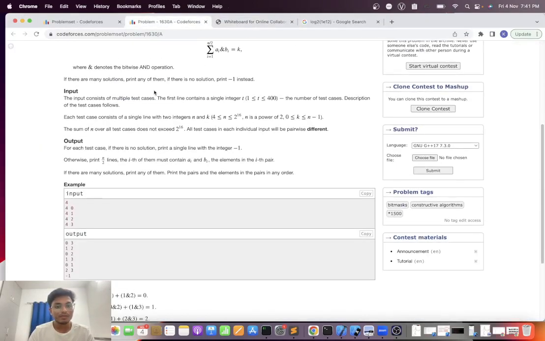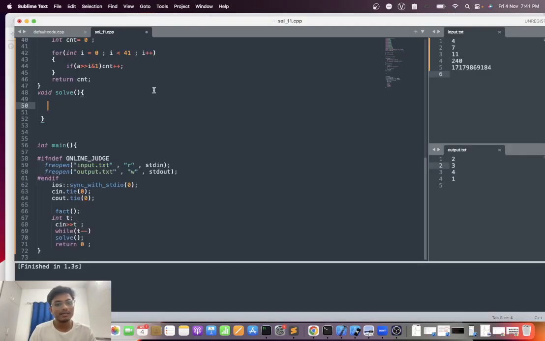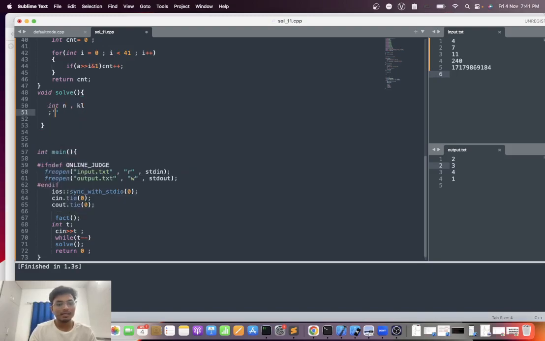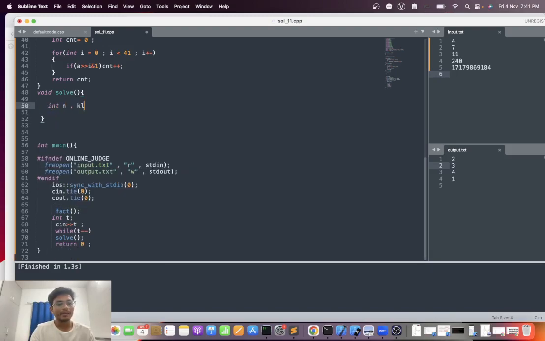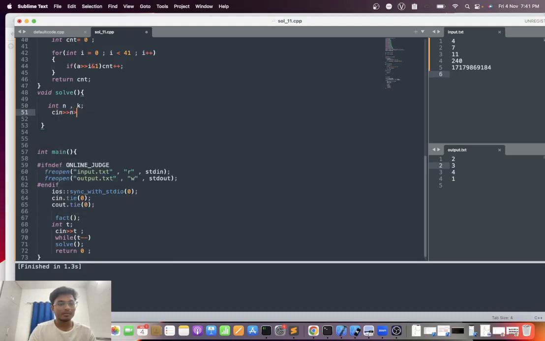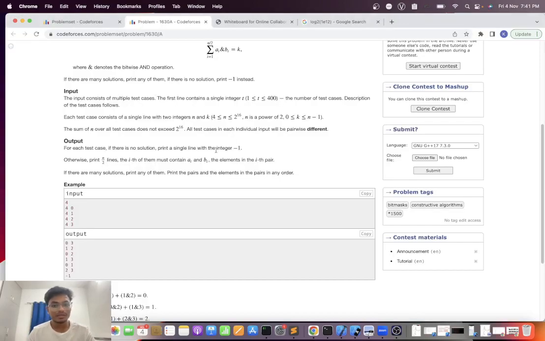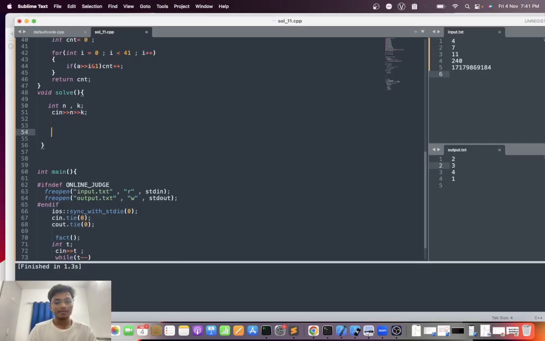So what am I given? I'm given n and k. So I have to make 3 cases.